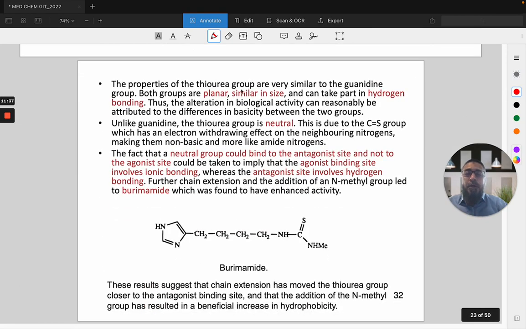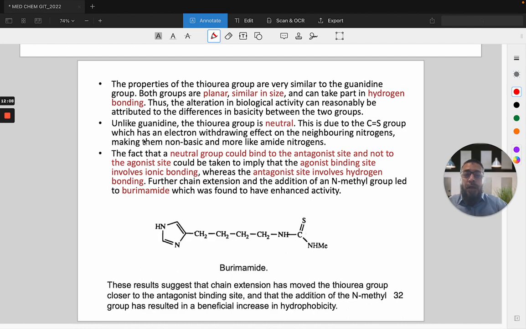So the properties of the thiourea group are very similar to the guanidine group because both are planar and they have similar size. So they can take part in the hydrogen bonding. But the alteration in the biological activity is reasonably attributed to the difference in the basicity between the two groups.